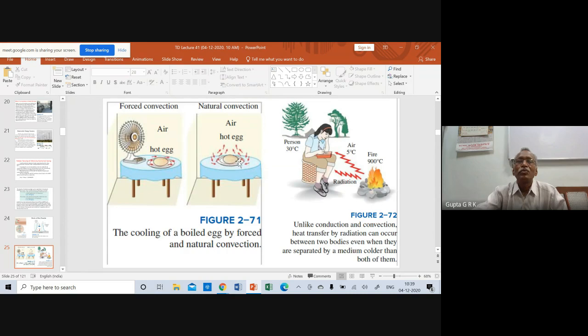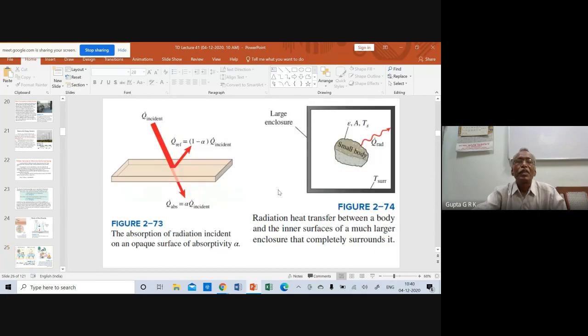If you want to cool it faster, I have to blow air on it through a fan or something, and so this is forced convection, which needs some medium. In conduction and convection, we need some medium. But in radiation, we don't need any medium. So there can be fire here and you are sitting there and you will get the heat of that, by radiation. So these are various modes of heat transfer.